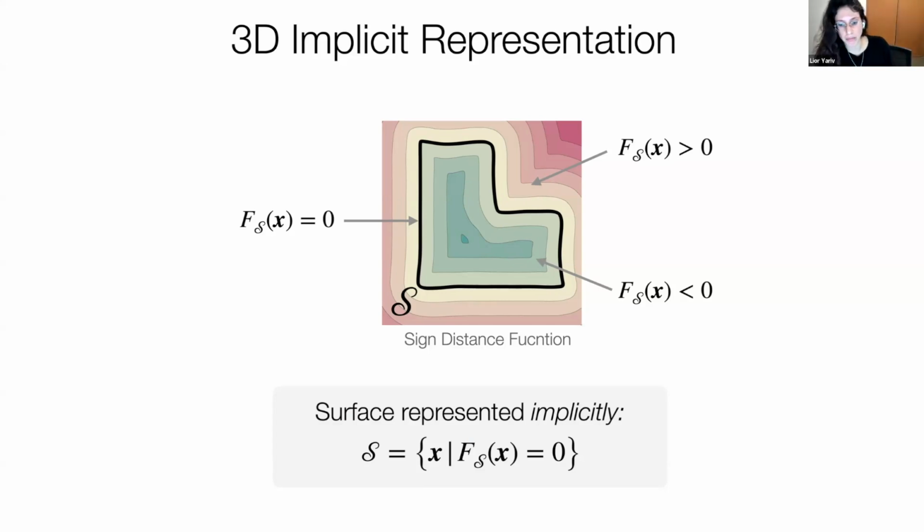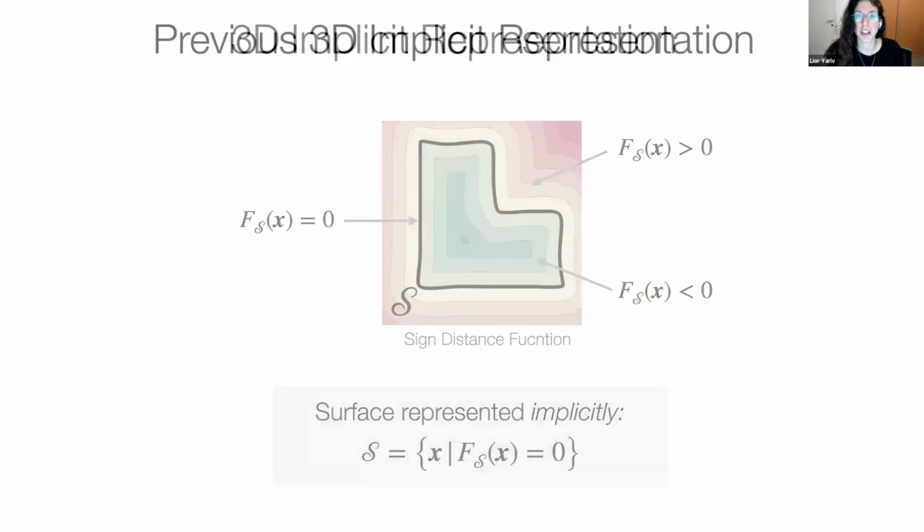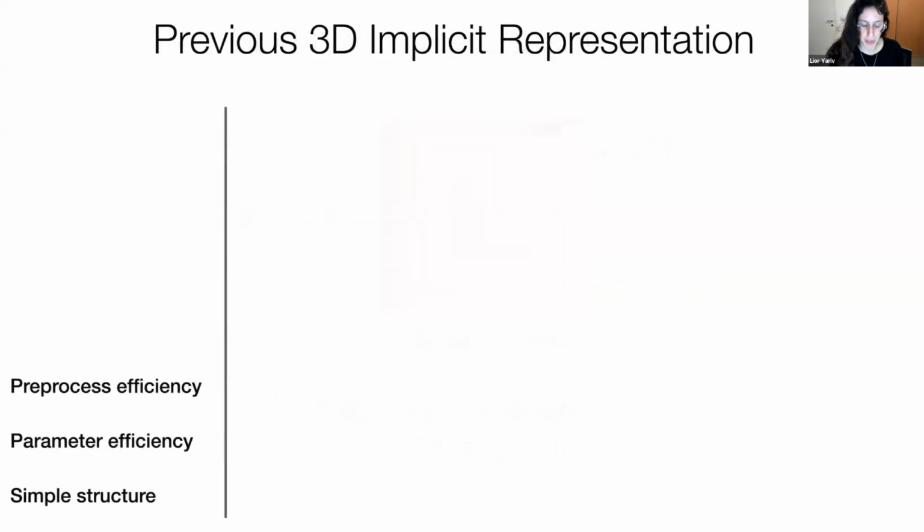But something that is important to note about this representation is that it is a continuous representation, right? It is a continuous function, and we need to discretize it in some way in order to represent it and to use it as a tensorial representation. There have been several common 3D implicit representations that people have used for generative models.